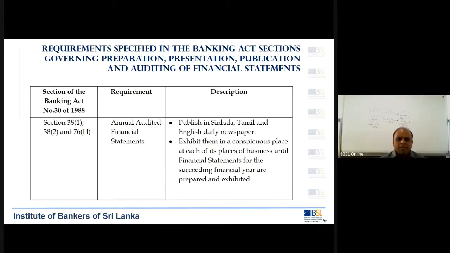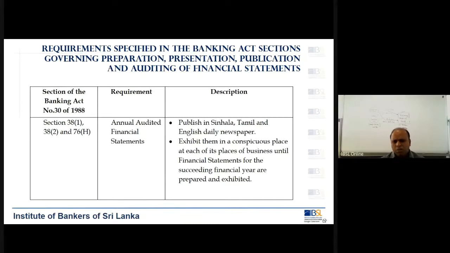Then similarly, sections 38(1), 38(2), and 76(h) talk about your annual audited financial statements having to be published in Sinhala, Tamil, and English newspapers. There have been several MCQ questions on this, so you have to be very clear about what the section talks about.